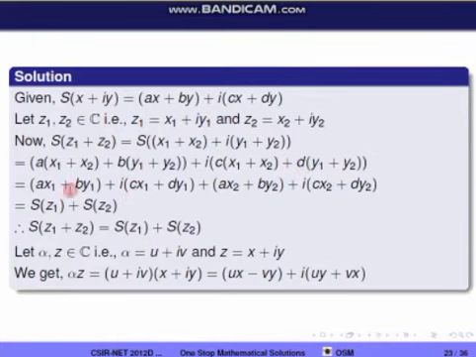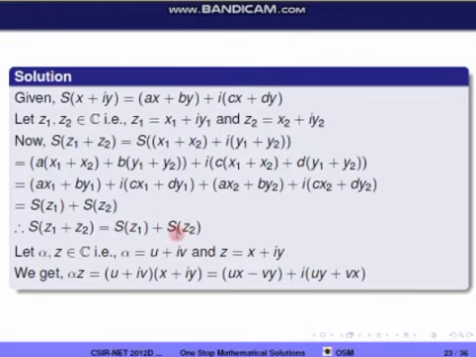So this is equal to ax1 plus by1 plus i into cx1 plus dy1, plus ax2 plus by2 plus i into cx2 plus dy2. So if we look, this is the function S of z1, and this is like S of z2. So this is equal to S of z1 plus S of z2. Therefore S of z1 plus z2 is equal to S of z1 plus S of z2.